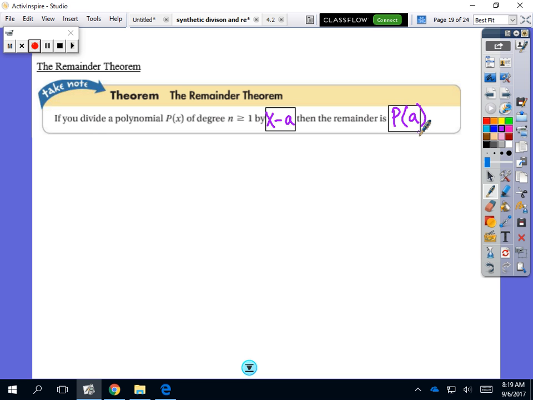So in other words, if I take x squared plus 3x plus 2 divided by x plus 1, that means a is -1, right?